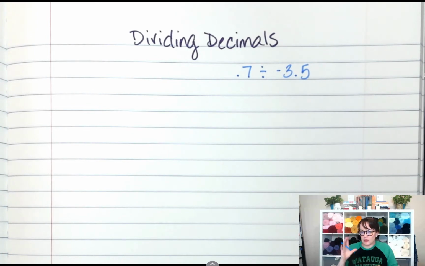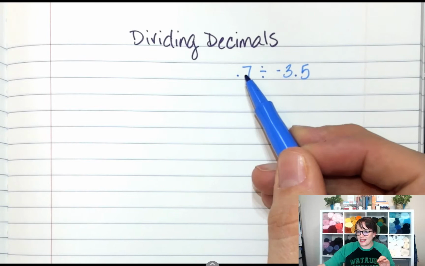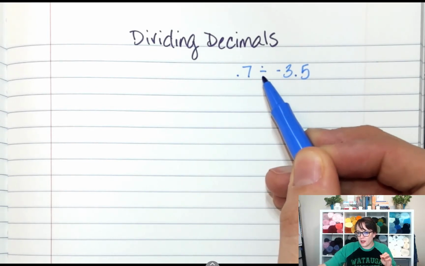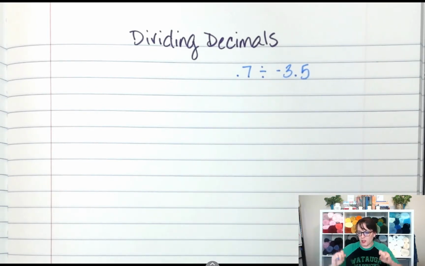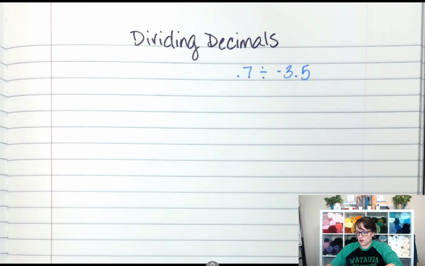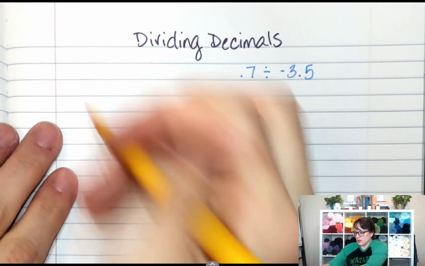Now, when a problem is written like this, we read it left to right, and when we write it, we write the inside number divided by the outside number. So the first thing we have to do is rewrite this problem so that we can work it out. So first step, we're going to rewrite it.